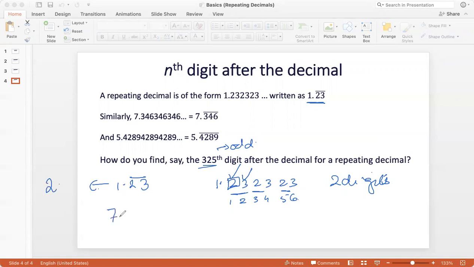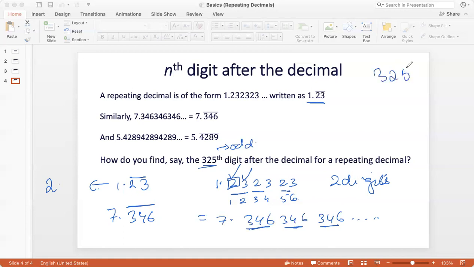What about 7.346 bar? Now here we have the digits repeating after every third digit, right? So we can say 7.346, 346, 346, and so on. So here I need to check divisibility by 3, right? Because it is in stacks of 3 that it gets repeated. So if I look at 325, I can see that 324 is completely divisible by 3, right?